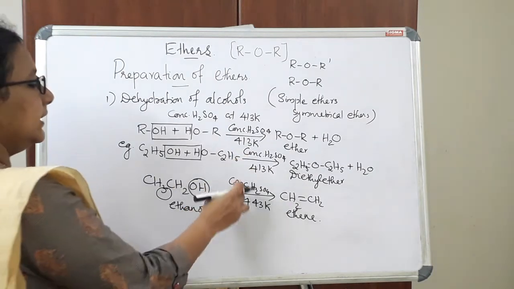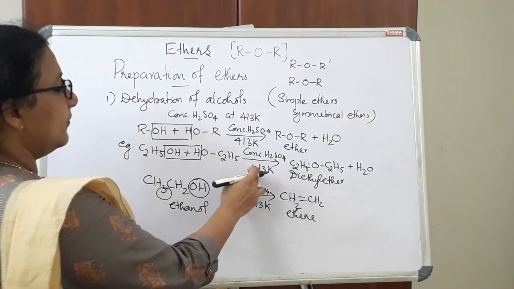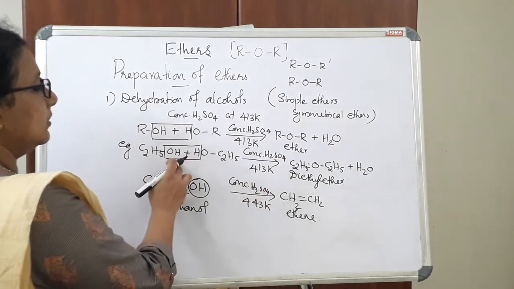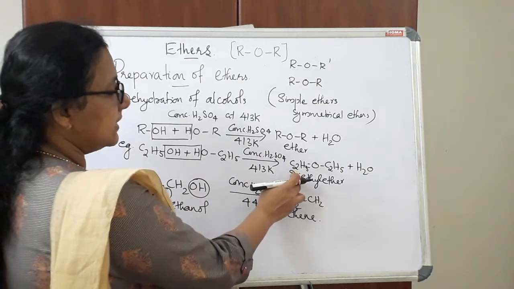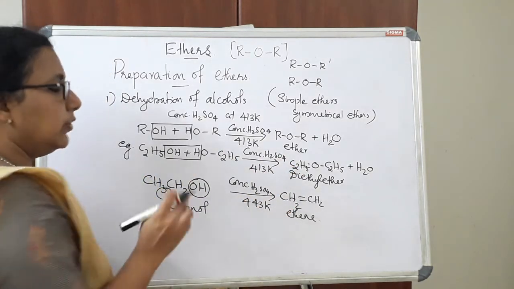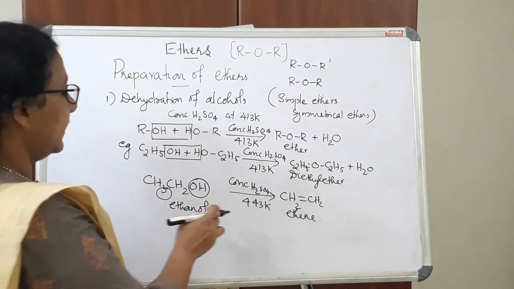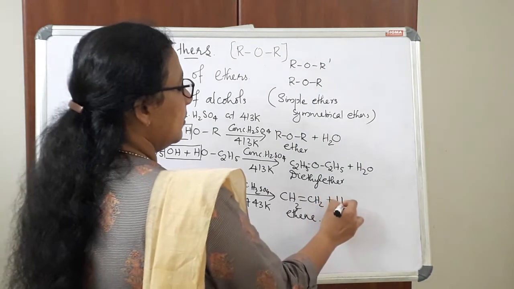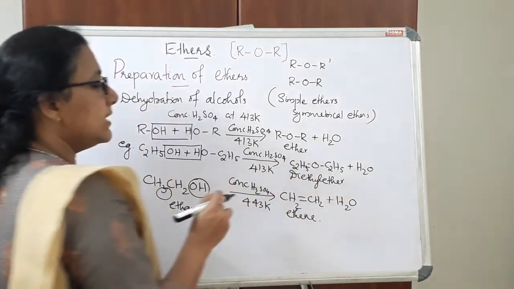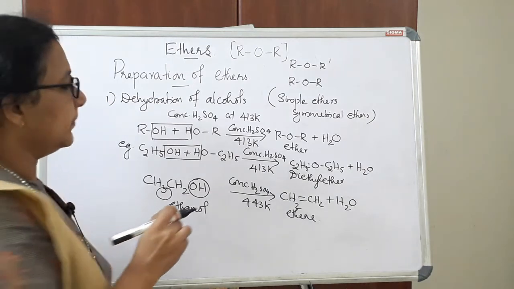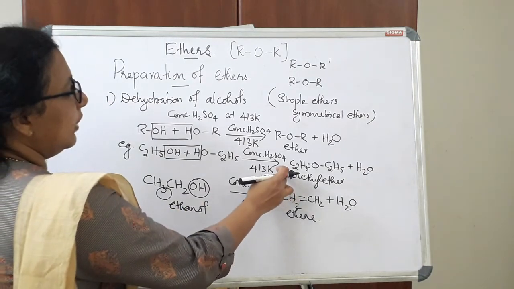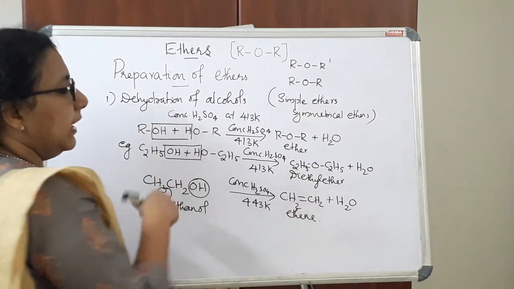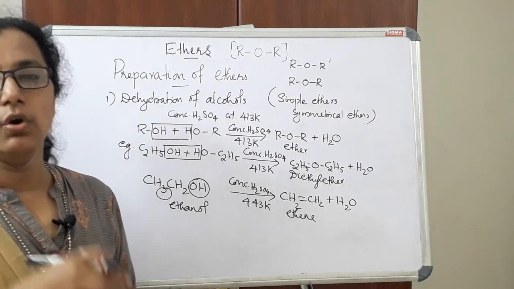If the reaction condition is different, that means the temperature is different: concentrated H2SO4 at 413 Kelvin, dehydration of alcohol takes place and an ether is formed. If it is 443 Kelvin, dehydration of alcohol takes place and an alkene will be formed. In this case also, H2O will be eliminated. In both cases, 1 molecule of water is eliminated, but in one case the product will be ether, in the other case the product will be an alkene. Actually, it is from alcohol itself.